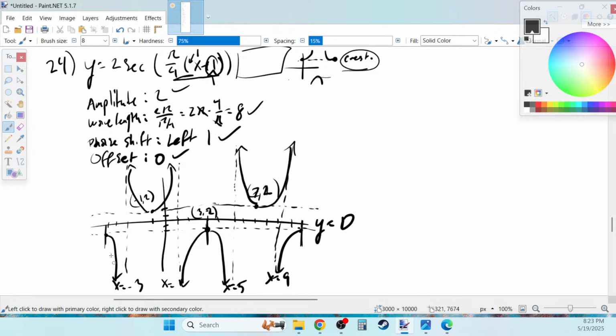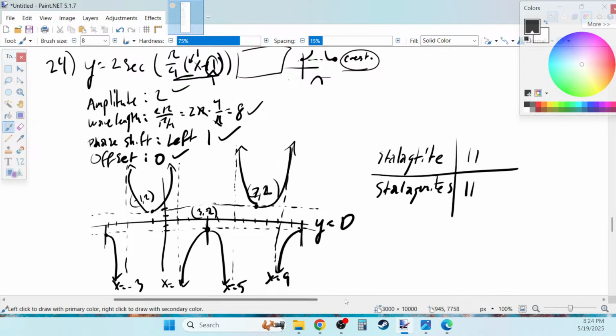We have the complete graph going down to infinity: upper stalactite, lower stalactite, or stalagmite. Stalactites are on the ceiling. Stalagmites are on the floor. We have two full stalagmites and two full stalactites, meaning we have two full wavelengths of the secant graph.